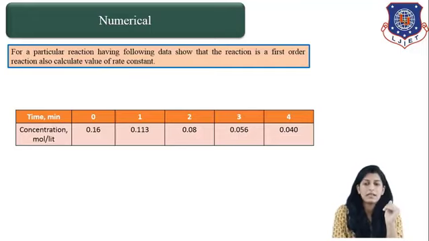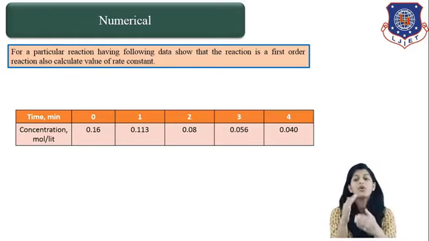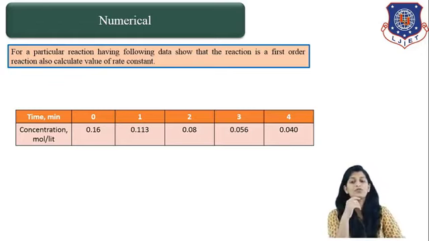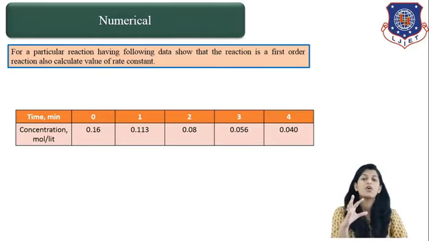So if you can see here, we have been provided with different data of time and concentration, that is, time is 0, 1, 2, 3 and 4, and the corresponding concentration is provided in mole per liter as 0.16 at time 0, right? When time is 0, concentration is provided as 0.16. So this is our initial concentration, because at time t equals 0 the reaction has not yet started.